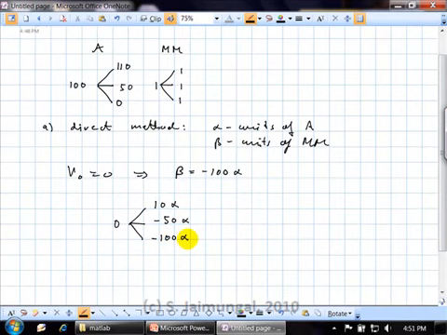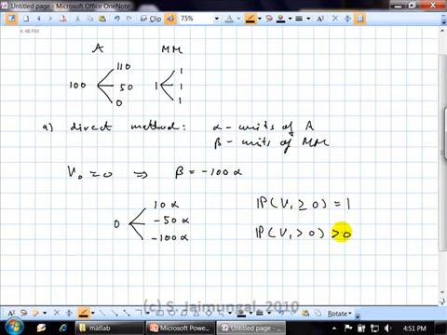Agree? So then the question is, does there exist an alpha? Because now we have the most general portfolio. Does there exist an alpha such that I satisfy the other two criteria for arbitrage? Remember what they are? Probability this equals 1. Probability this is greater than 0 is greater than 0.